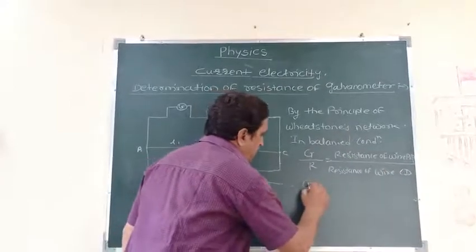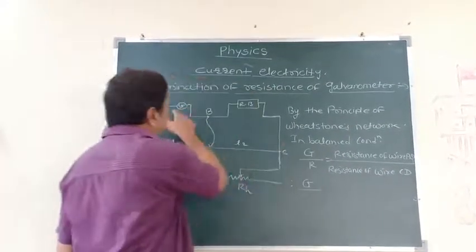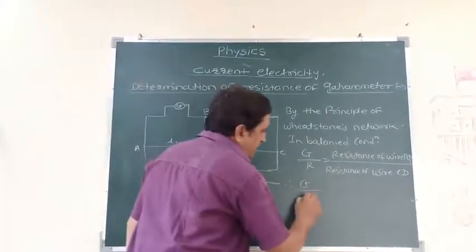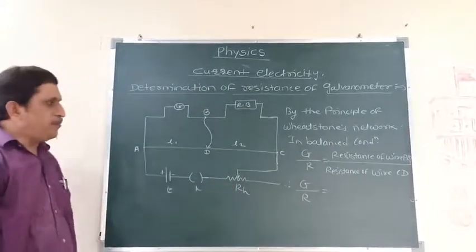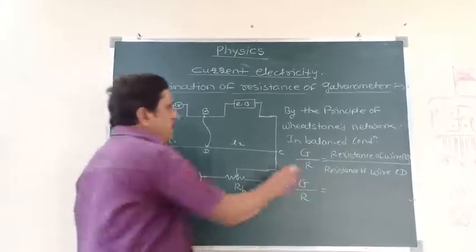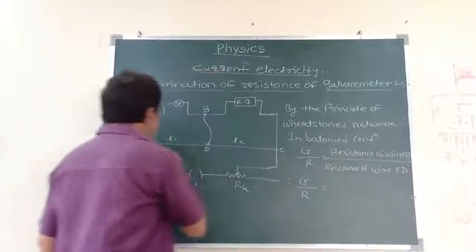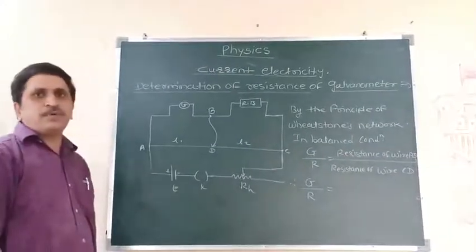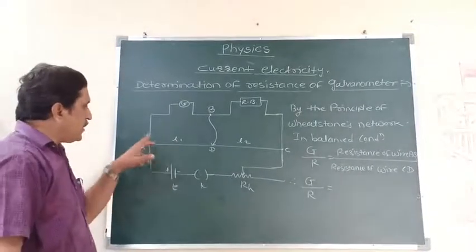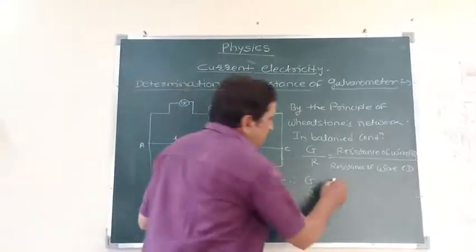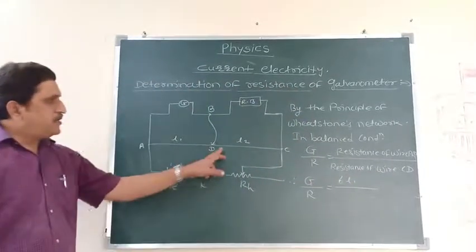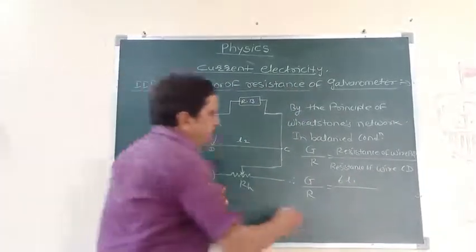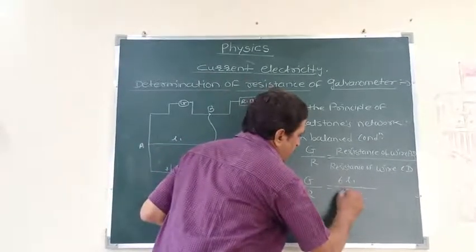Here capital G is the resistance of the galvanometer, and capital R is the resistance taken from the resistance box. If sigma is the resistance per unit length of the wire, then resistance of wire AD is nothing but sigma into L1, divided by resistance of wire CD, which is sigma into L2.